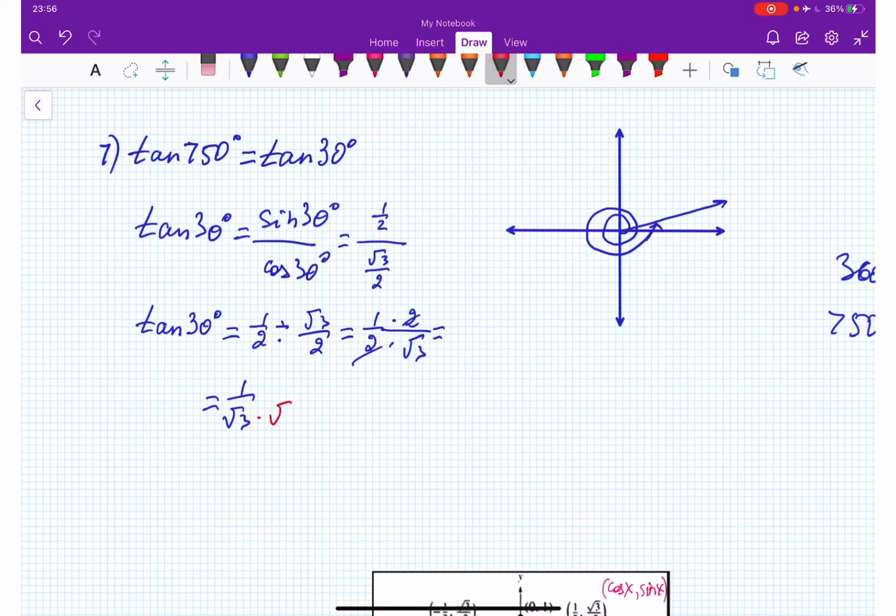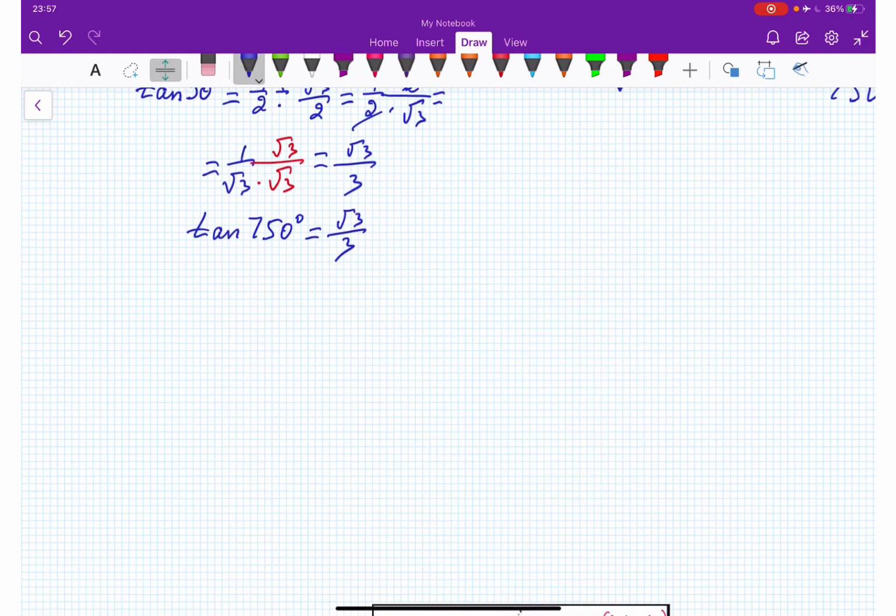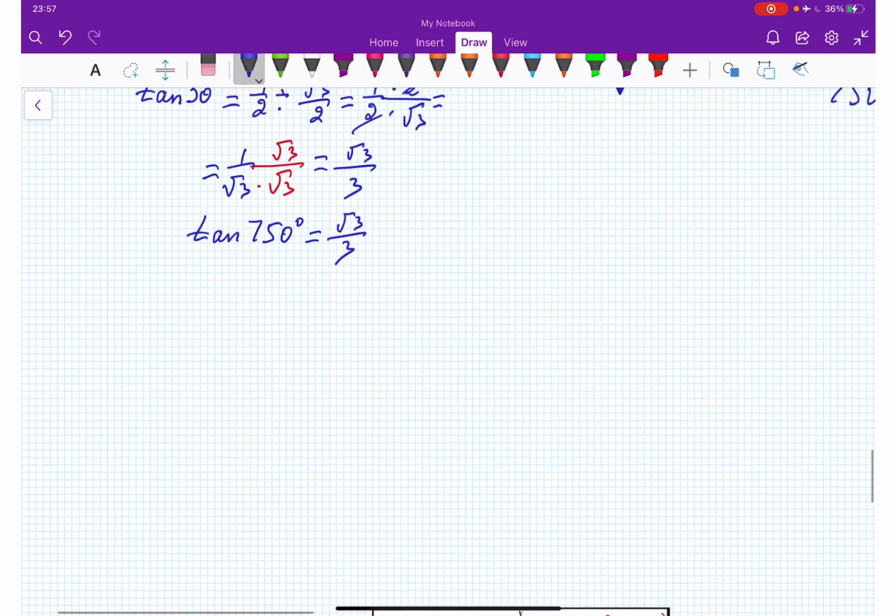We multiply by square root of 3 over square root of 3, and we get square root of 3 over 3. And that is going to be our answer. So tangent 750 degrees is equal to square root 3 over 3. Okay? Moving to the next one.